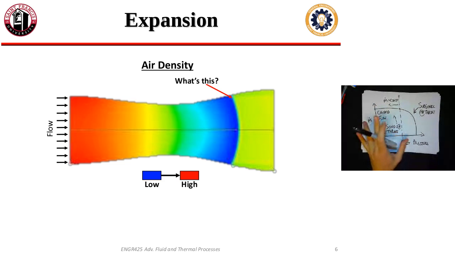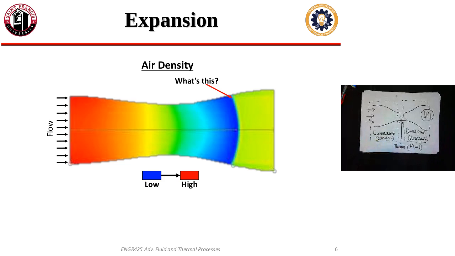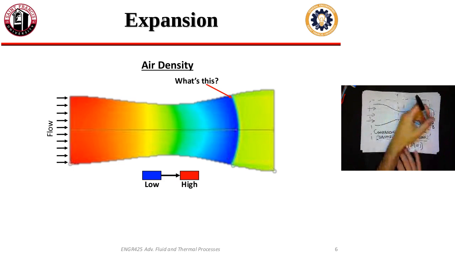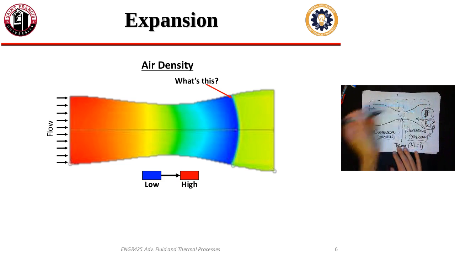Because if the pressure here and the pressure here, the ambient pressure, or maybe we can say the back pressure, would be a better term for it, aren't equal, then either air is going to be trying to go into the engine, or it's going to be trying to wrap around the outside.